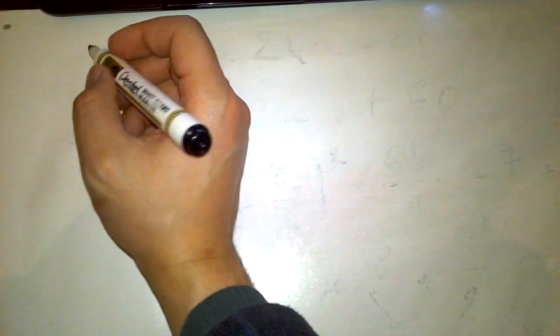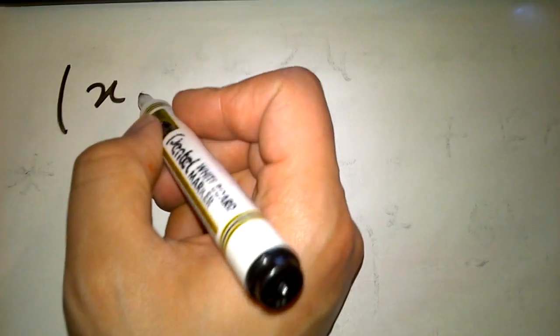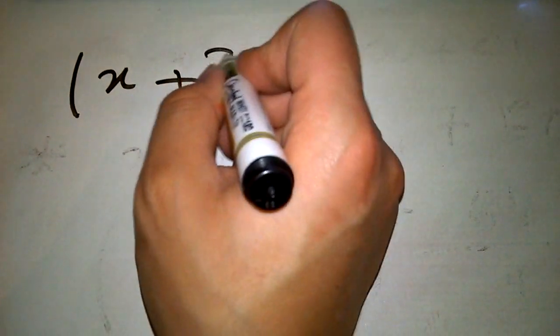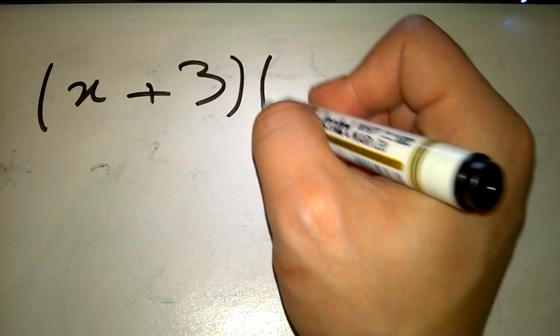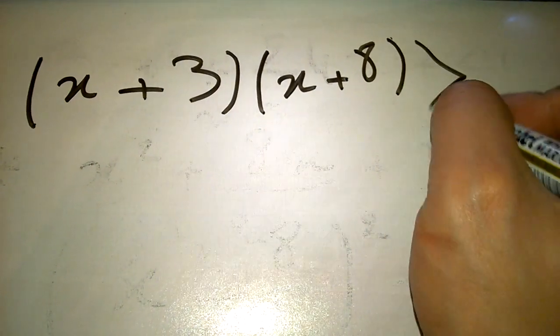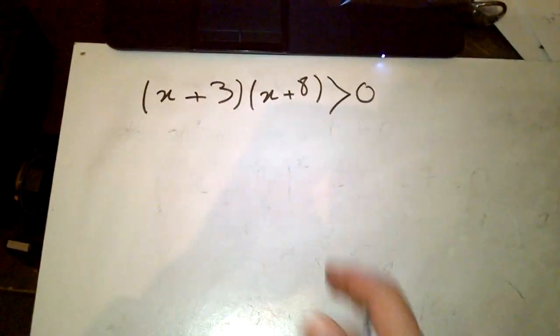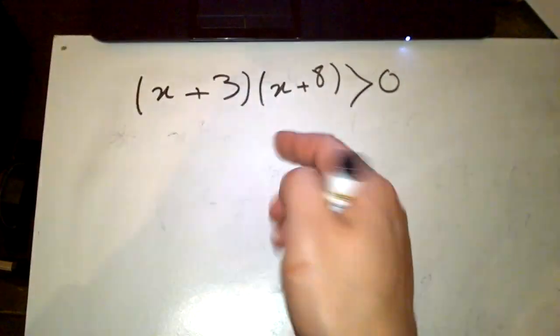Okay, let's see. What's the question in the test? Not the question, but I'm going to say it. So they come to x plus 3 times x plus 8 is greater than 0. From this you expand.